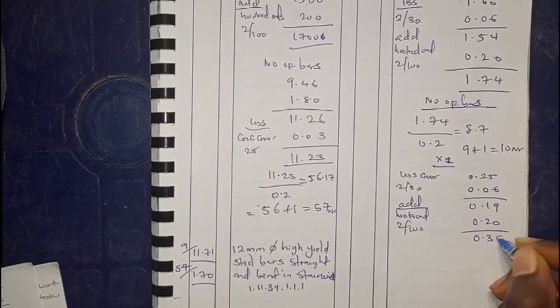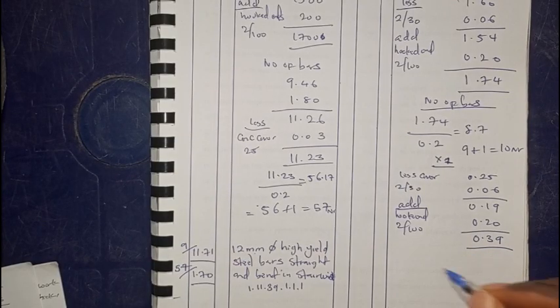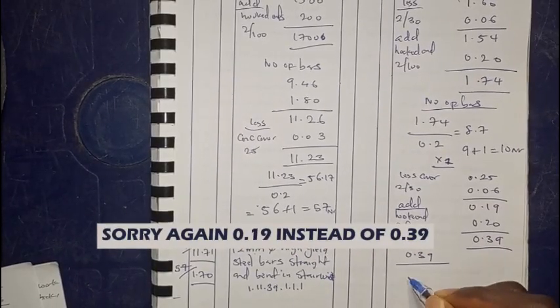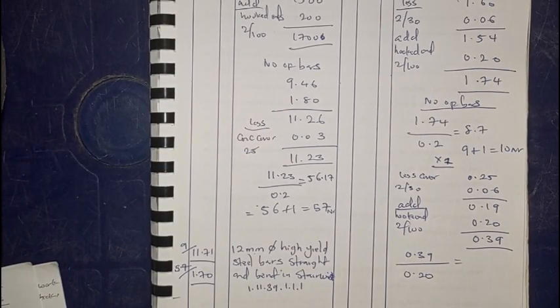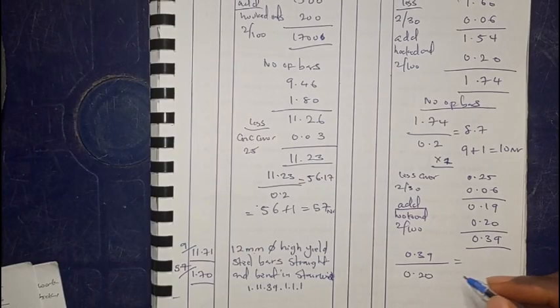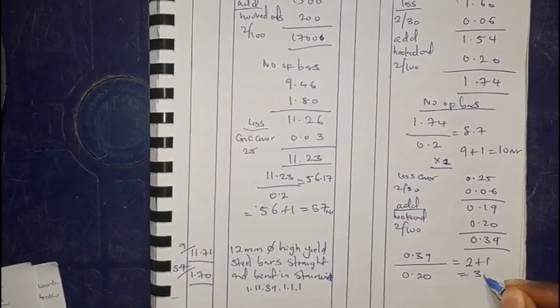So we have 0.39. Alright, to get the number, we're simply going to divide 0.39 by 0.2. Dividing this, we have 1.95, approximately 2, and plus 1 will have 3 numbers.